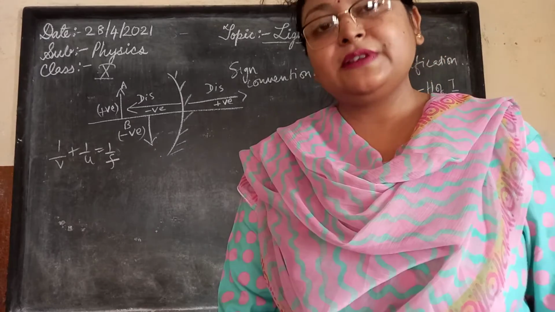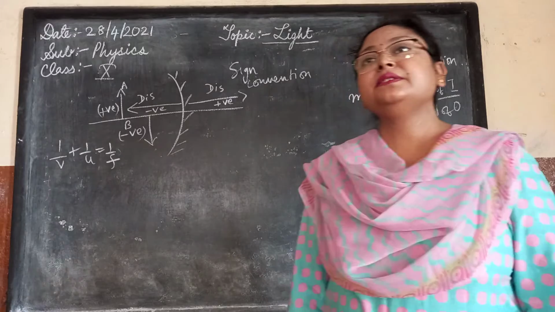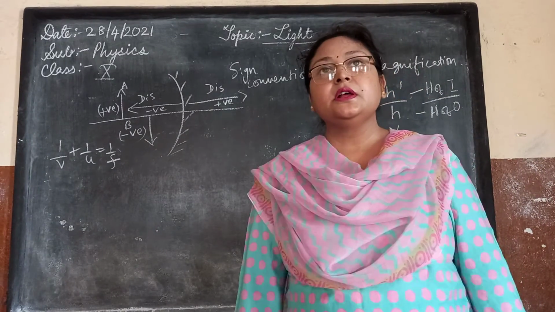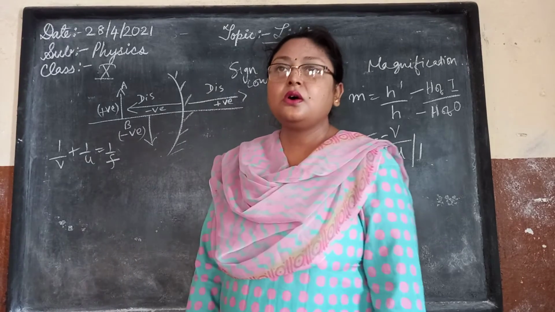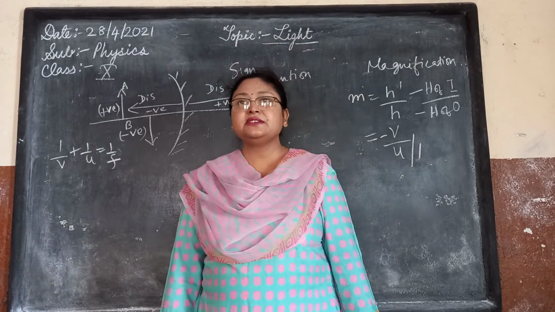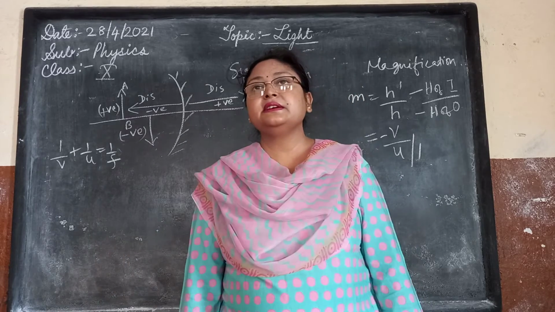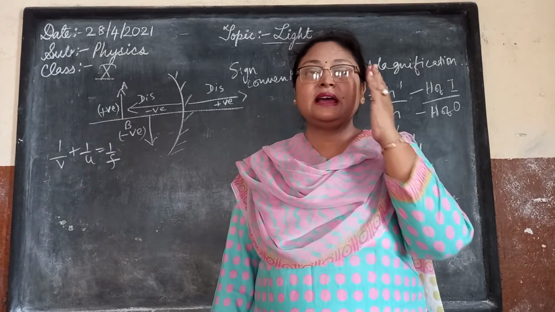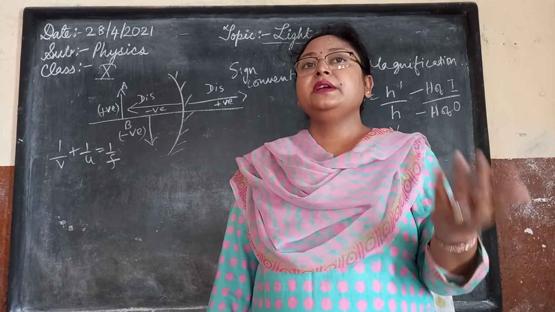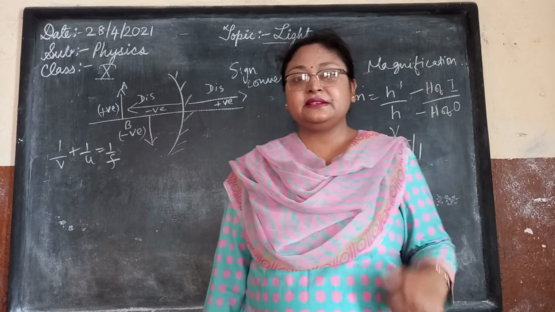Now, refraction of light. We know very well where refraction is possible. Refraction is only possible in the case of glass or a translucent kind of material. Suppose we take water as a medium and air as a medium, with light rays traveling from air to water, or from air to glass itself.